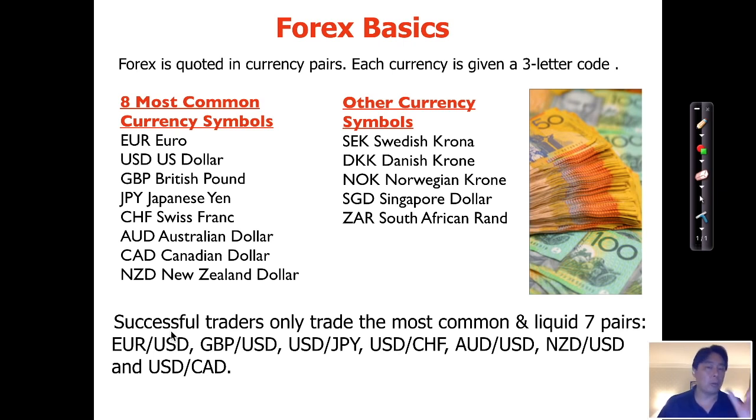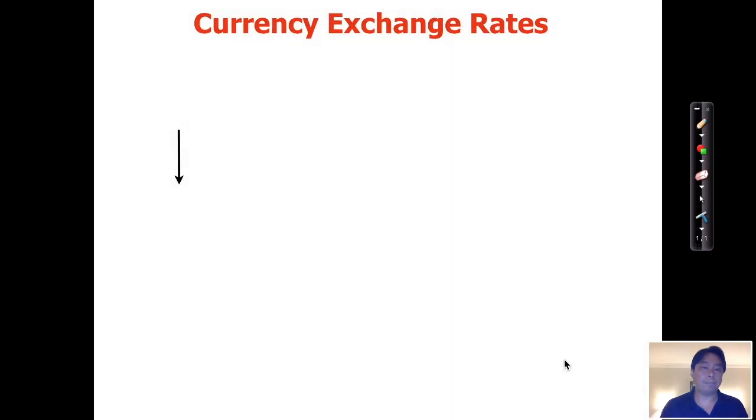I'll talk about spreads in a while. So what are the 7 most common pairs? You've got the Euro USD, or the Euro dollar, the pound dollar, the dollar yen, which is US dollar versus Japanese yen, the dollar franc, the Aussie dollar, the New Zealand dollar, and the dollar CAD.